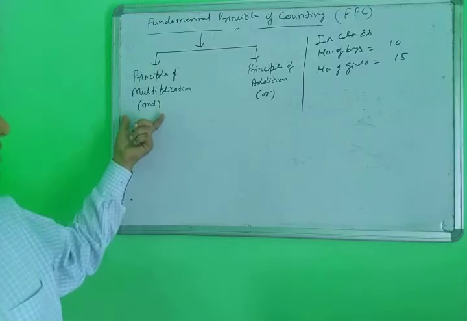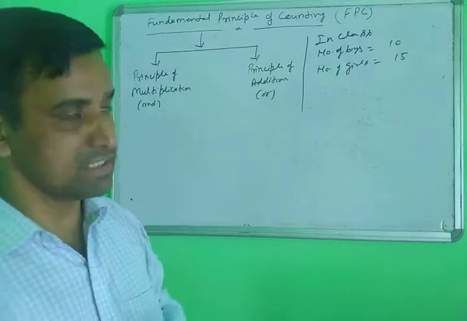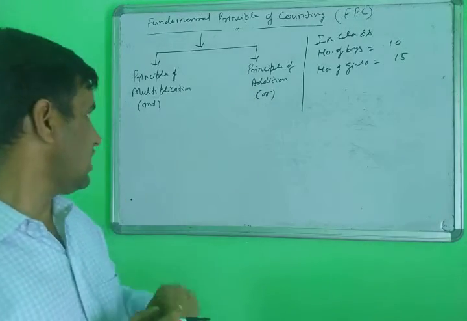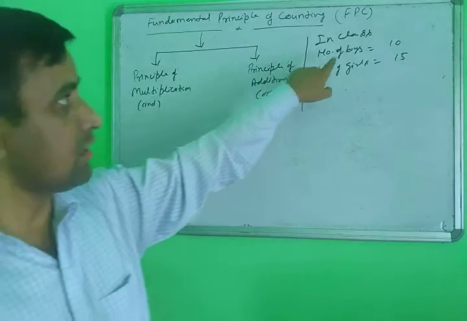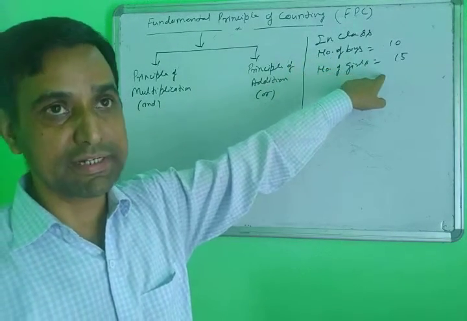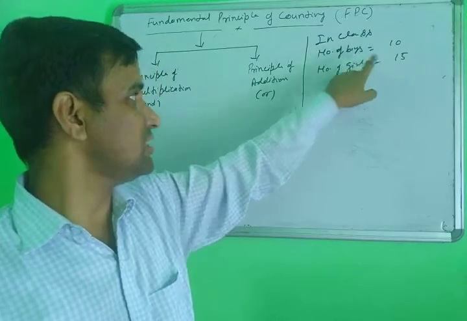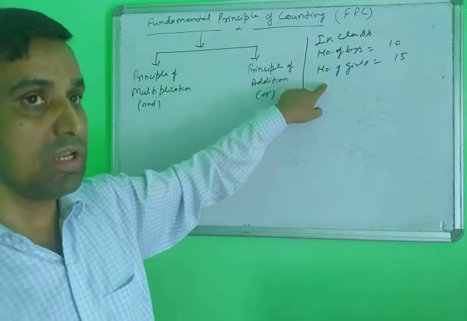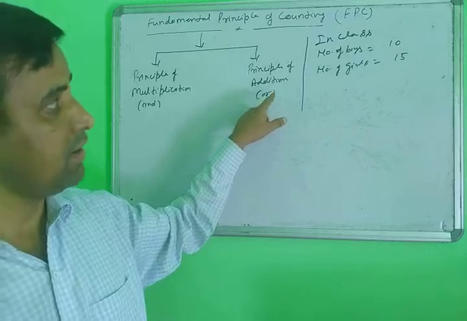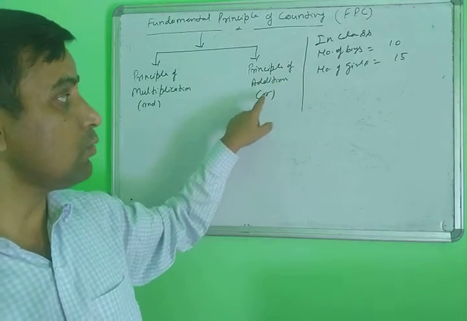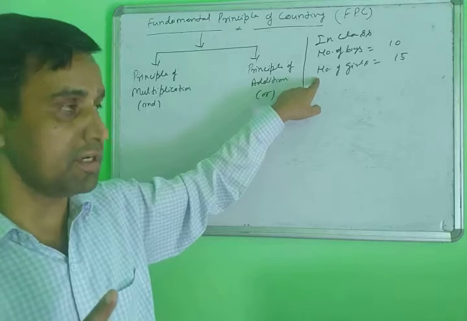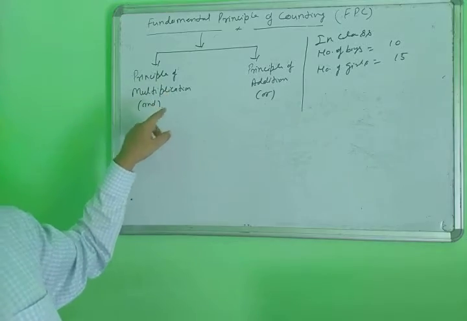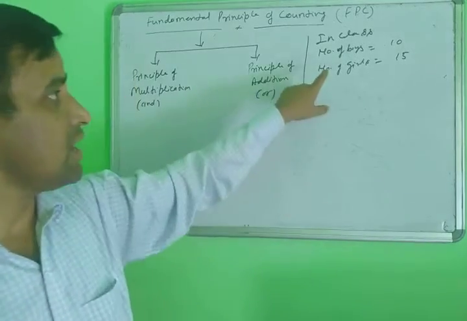How do the multiplication rule and the addition rule work? Suppose we are selecting monitors. According to AND, girls and boys both have separate monitors. This is the AND. Or girls and boys have only one monitor between them, not both; this is called OR. When girls and boys have 2 monitors, this condition is called AND.